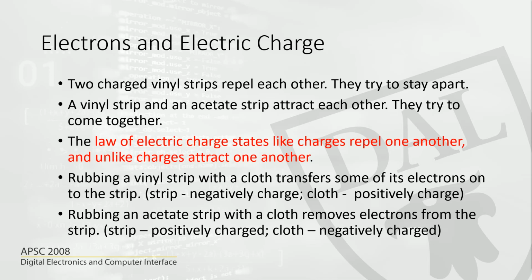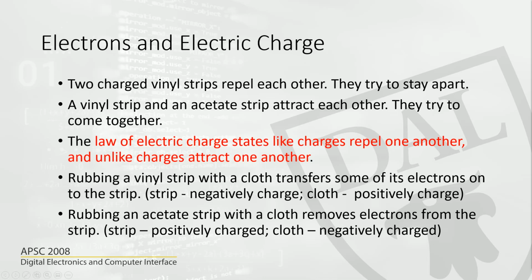When you place a north pole and a south pole of a magnet, they attract and they stick together. Exactly the same thing happens here as well. Likewise, if you take a vinyl strip and an acetate strip, they attract each other. So the law of electric charge states that like charges repel and unlike charges attract one another.